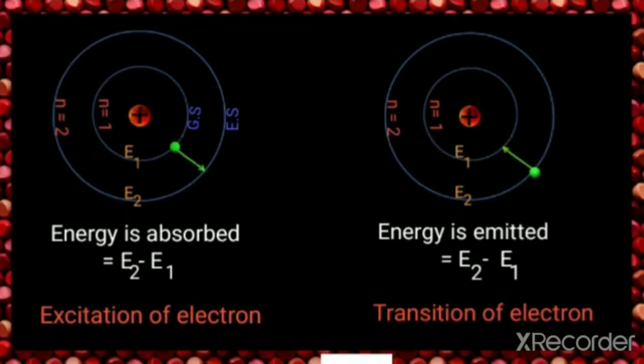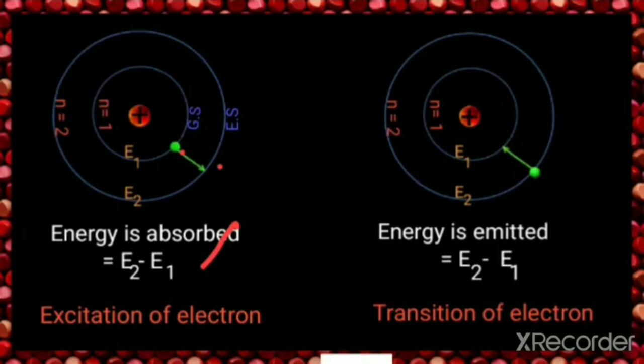According to this model, energy is emitted or absorbed only when the electrons jump from one energy level to another. As shown in the figure, two energy levels are represented here, N1 and N2. If, for example, our electron is on N1, that is the K shell, it absorbs a suitable amount of energy, that is E2 minus E1, and it jumps to a higher energy level.